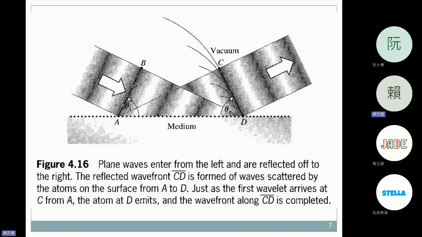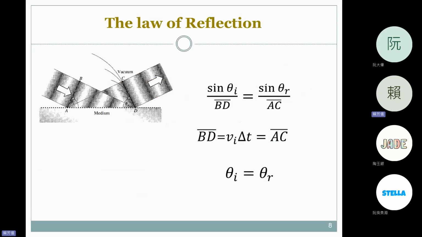So actually you will see he tried to explain it using this triangle, which is the same as this one. So the incident angle will equal the reflection angle. And what is the incident angle and what is the reflection angle?